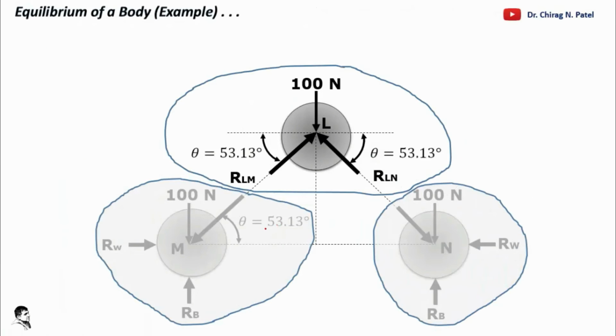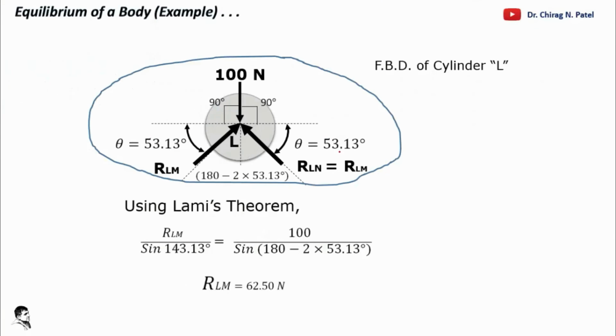Now for the resolution we can separate out this thing into parts. So first we start with the first portion. We require to resolve this part using Lamy's theorem here, and for that we have 100 Newton, this RLM and RLN, that are the forces. And if we see that this is the angle 53.13 degree, so by using the angle rule we can say that this theta as well as this theta is similar.